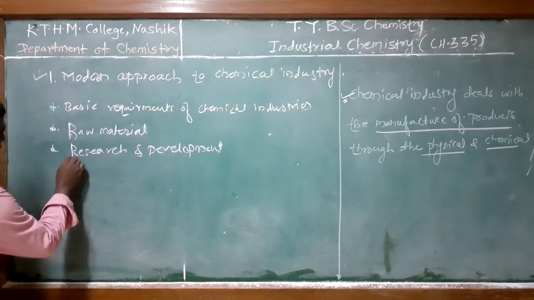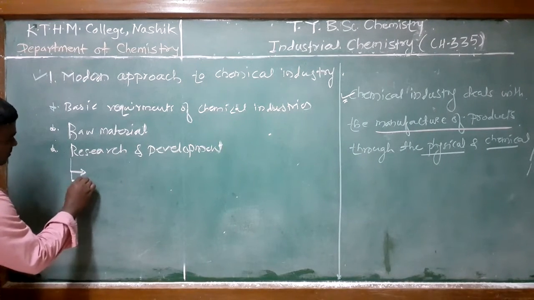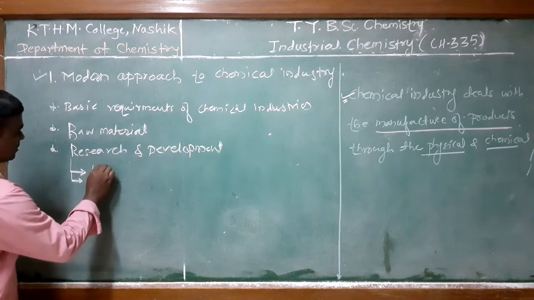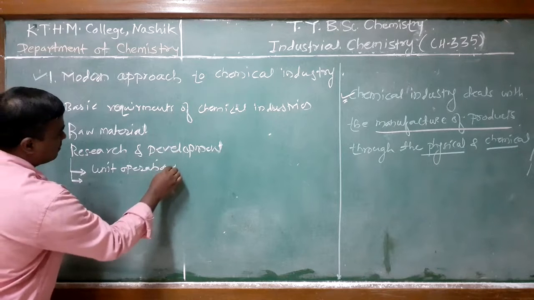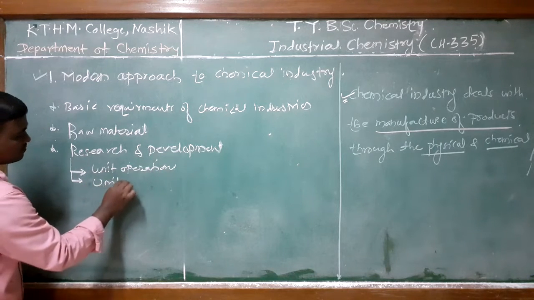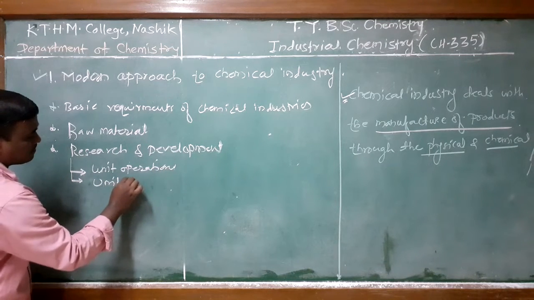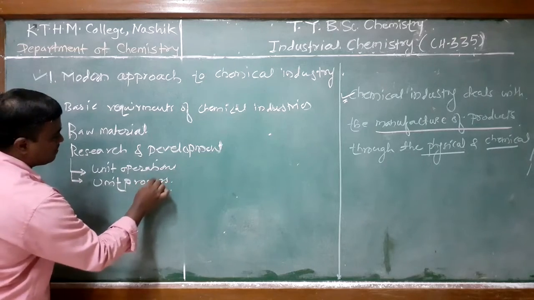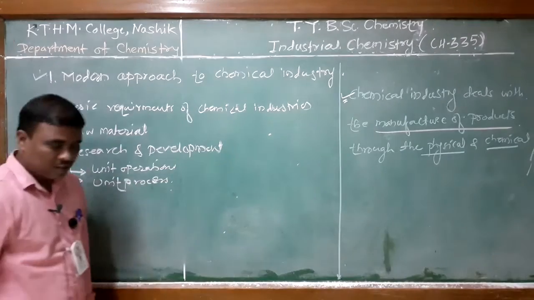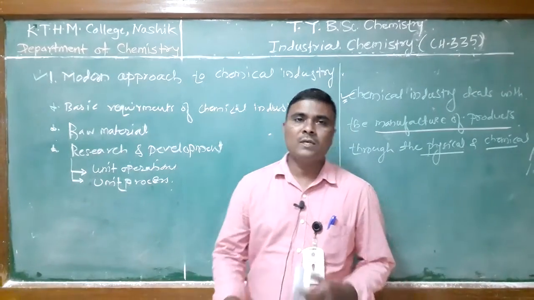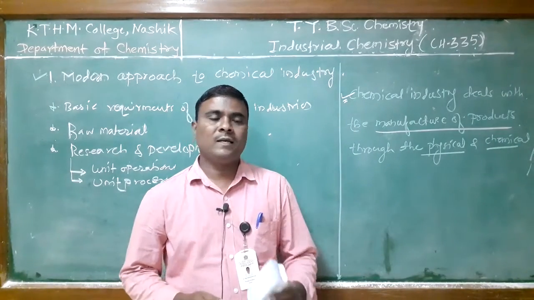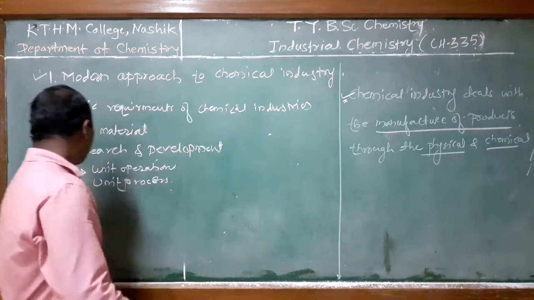Then in research and development, unit operations come into the picture, followed by unit process. Vice versa. We will see some examples when we discuss it, then you will understand how the unit operation takes place and unit process takes place.